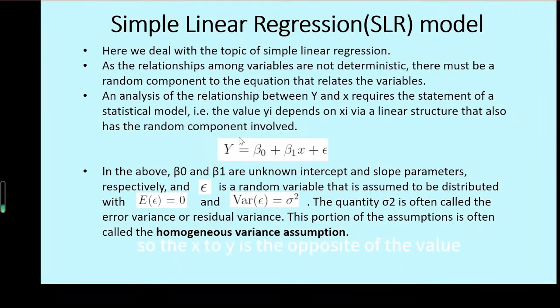So the actual y equals beta 0 plus beta 1 times x, plus a random term. This random term epsilon is a random variable that is assumed to be distributed with mean 0 and variance sigma squared. And the variance sigma squared is the same for all values of x. This is very important; we will show it later in the figure. This is called the homogeneous variance assumption for the linear regression model, the simple linear regression SLR model.